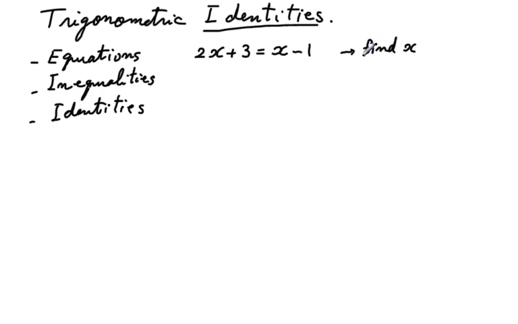So find x so that what? Find x so that when you substitute it back here, you actually get a true statement. We are searching for x. Find x to make this a true statement.